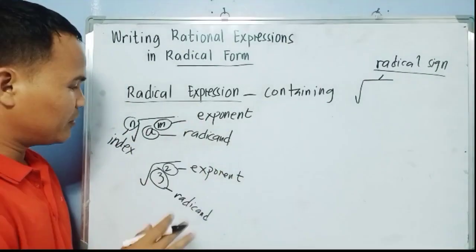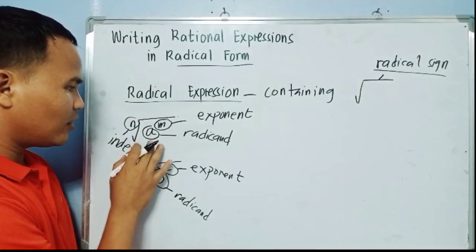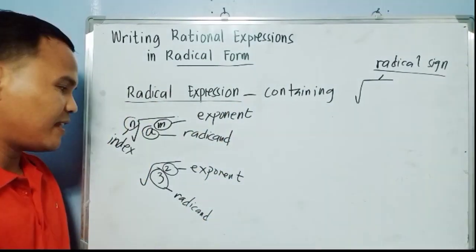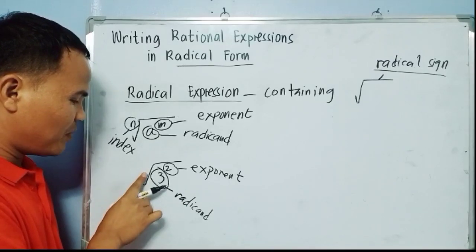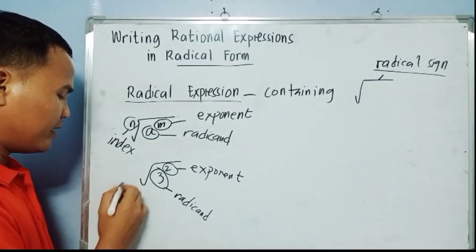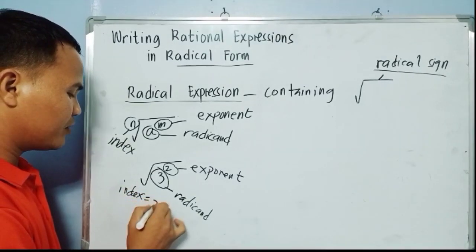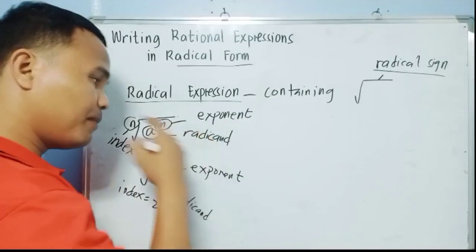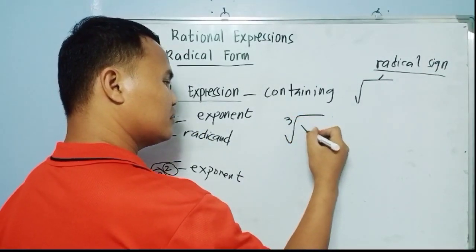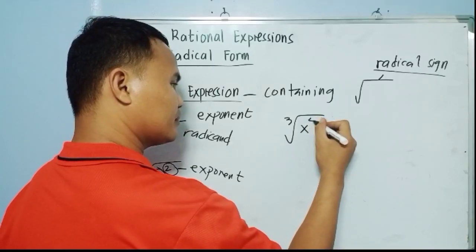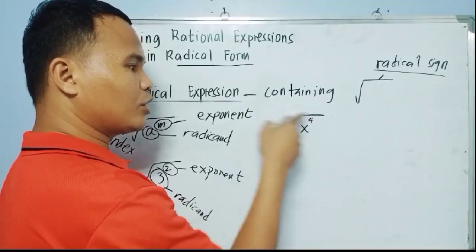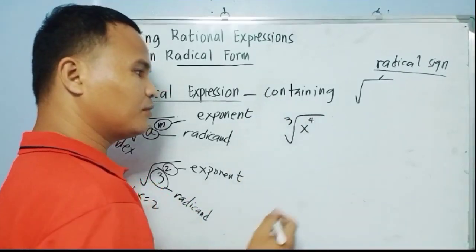So, ayaw ni kalimti. Again, balik ko na ko. A is called here a radicand, m is the exponent, and n is the index. Kung wala ka mo nakita diha ang number, pasabot niya na ang atong index kay 2. So, our index here is equal to 2. Another example. If we have here, ang pagbasa ani kay cube root of x to the power of 4.